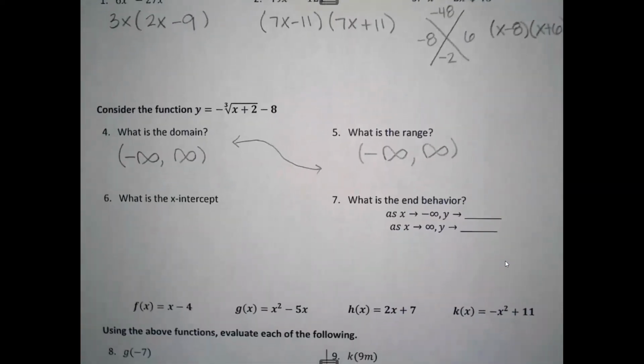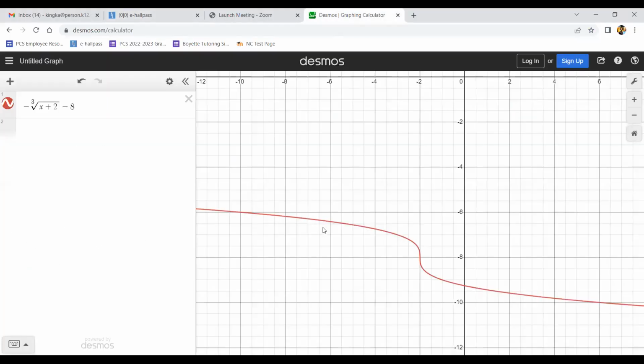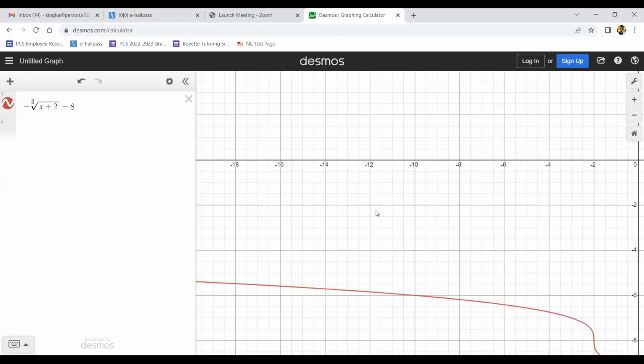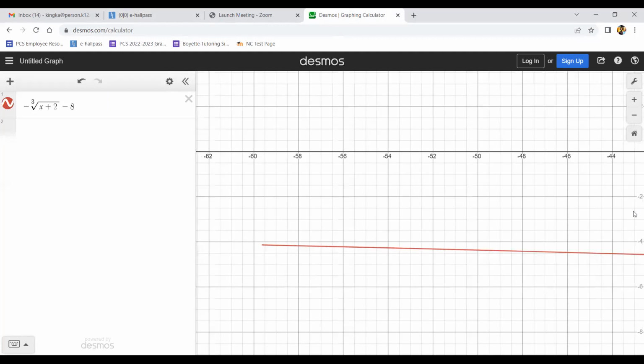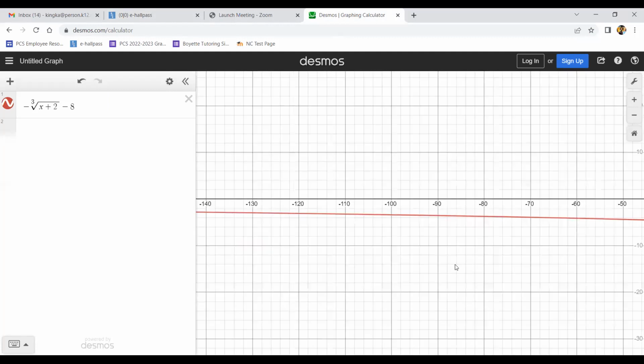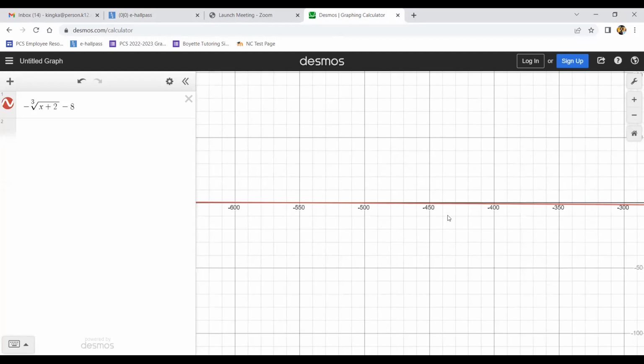X-intercept is kind of tricky to find on this one because it goes up so slowly. So we have to find, we know that the x-intercept is going to be over here somewhere. It keeps getting closer to the x-axis, but it's really slowly. So I zoomed out on mine so I could find it faster. And then I knew it was over here, but I couldn't really tell where.